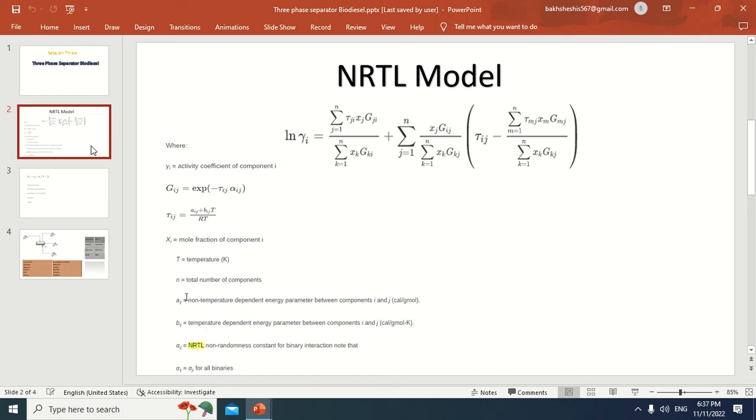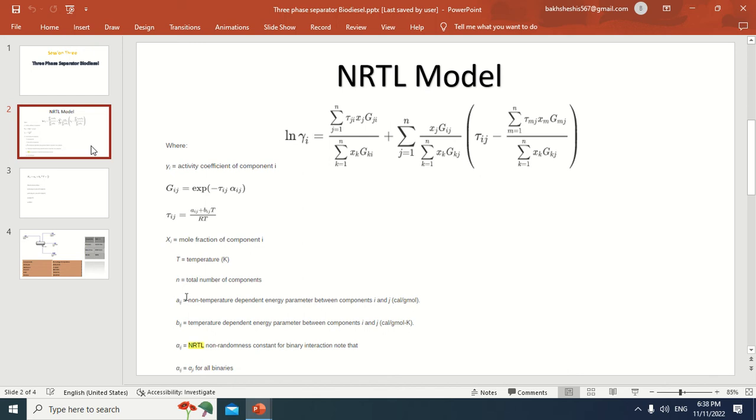Unlike the Van Laar equation, NRTL can be used for dilute systems and hydrocarbon alcohol mixtures, although it may not be as good for alcohol hydrocarbon systems as the Wilson equation.